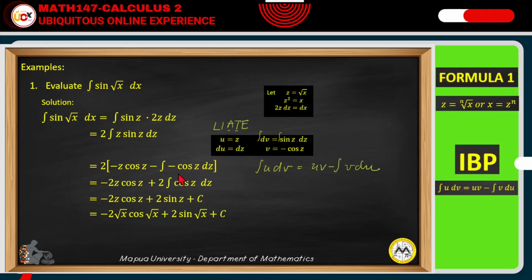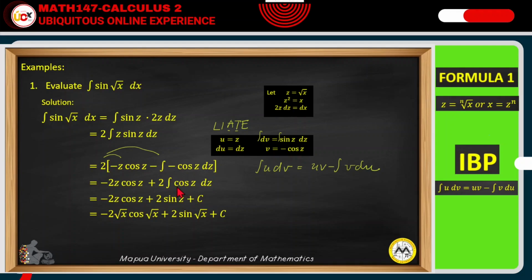So we have negative cosine z dz. Then by the distributive property, we distribute 2 to each of these terms. So we have negative 2z cosine z, and the negative becomes positive, so we have plus 2 times the integral of cosine z dz.